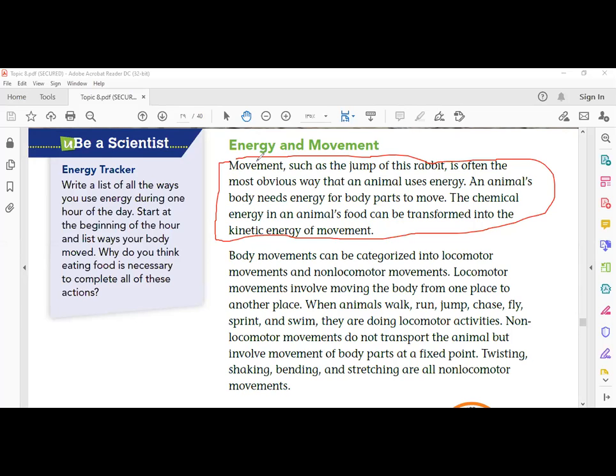The body of the animal uses energy during the movement, and movement is the most obvious way that an animal uses energy. So when any animal moves, it uses energy.